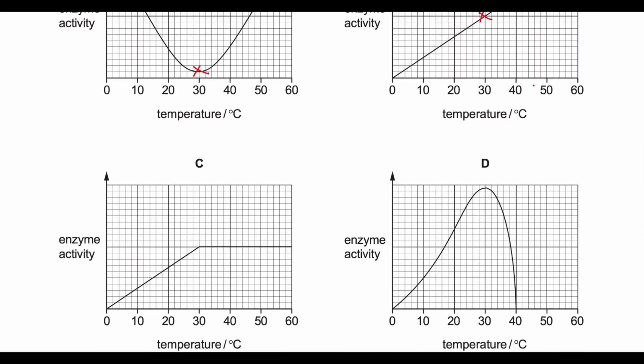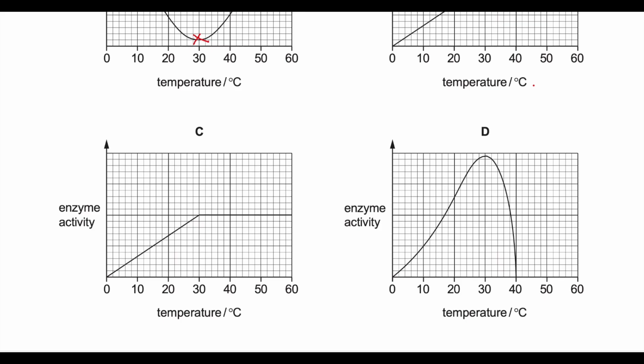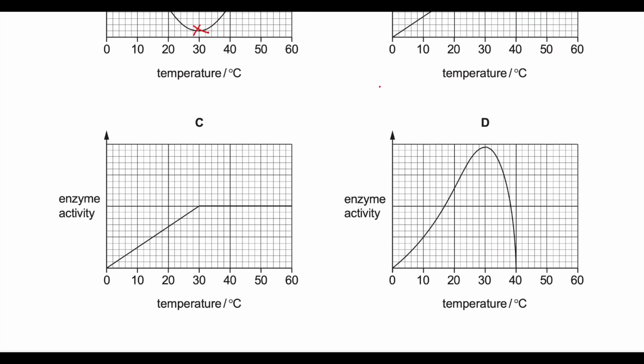Moving to C, what we see here, the enzyme activity, yes, it shows that we reached the maximum at 30 Celsius degrees, but it's constant afterwards, which is wrong, because with increasing temperature, a conformational change will happen to what? To the active site of the enzyme, so that will decrease the activity of the enzyme.